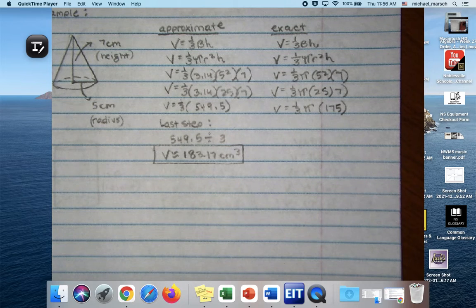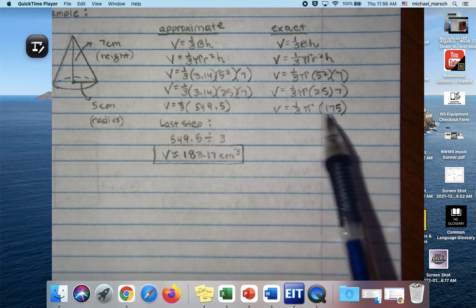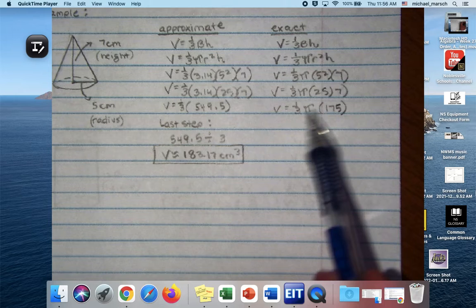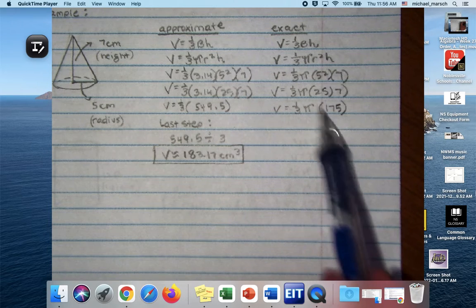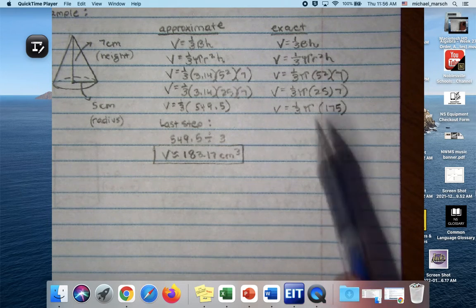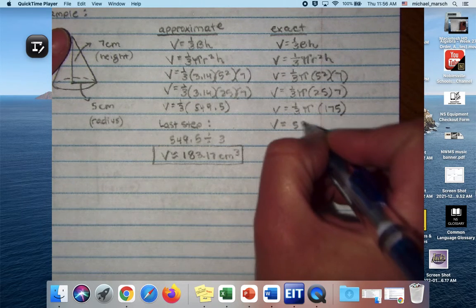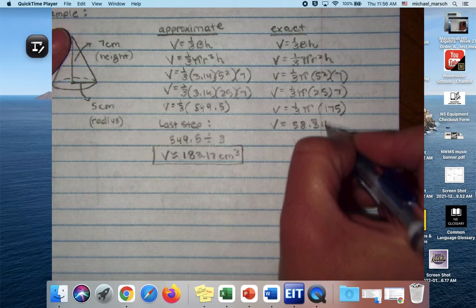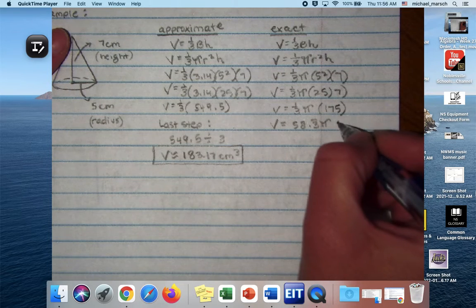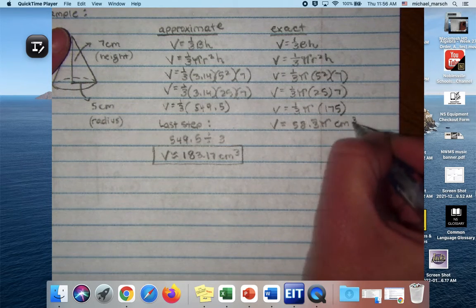For this one, my last step is going to be to take 175 and divide by 3. Remember, the pi just stays there. The symbol, we just leave it. So you're going to end up with volume equals 58.3 repeating pi centimeters cubed.